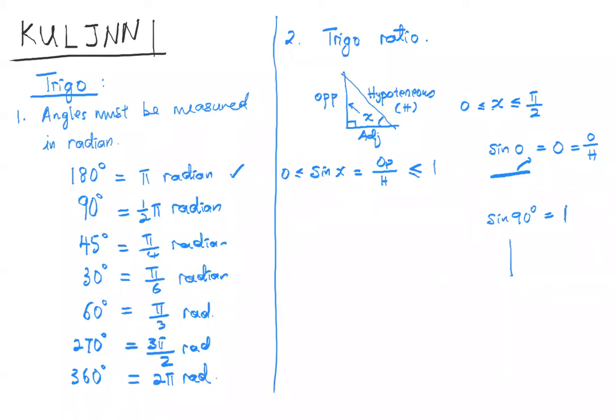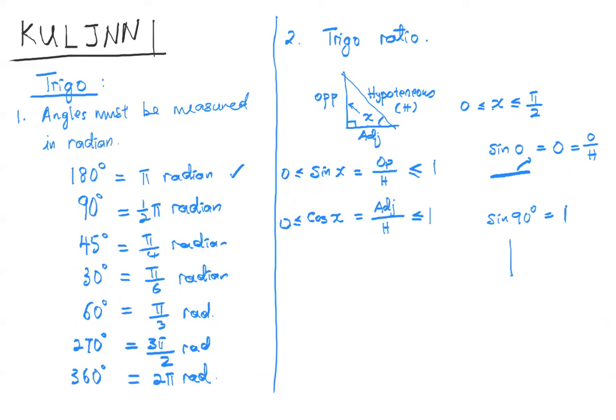Second trigo ratio, that is cos of an angle, is the adjacent divided by the hypotenuse. Hypotenuse is always the longest, so it also ranges between 1 and 0. Correct?